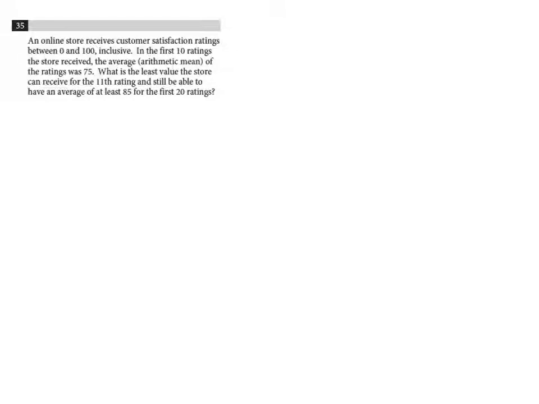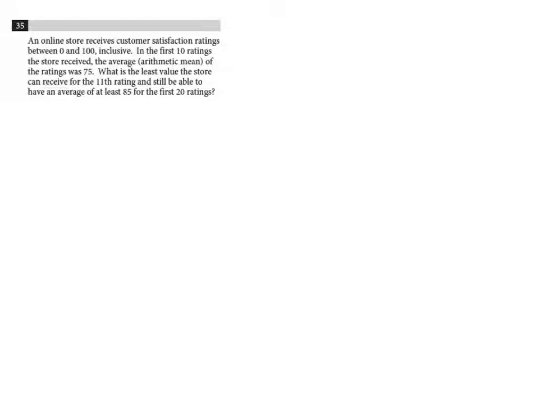Okay, so this is a kind of confusing wording here. All right, well, let's start from the beginning. We know that over 10 ratings they had an average of 75.